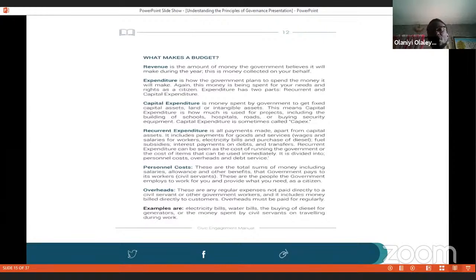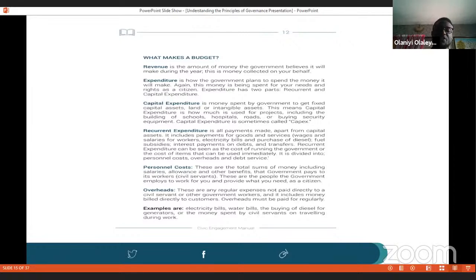Because as a citizen, what else do you benefit from the government? The only thing you can benefit from the government is that maybe they provide power, they provide good roads, they provide low-cost housing for people to benefit. It's under this capital expenditure that it is very, very important for governments to budget money.